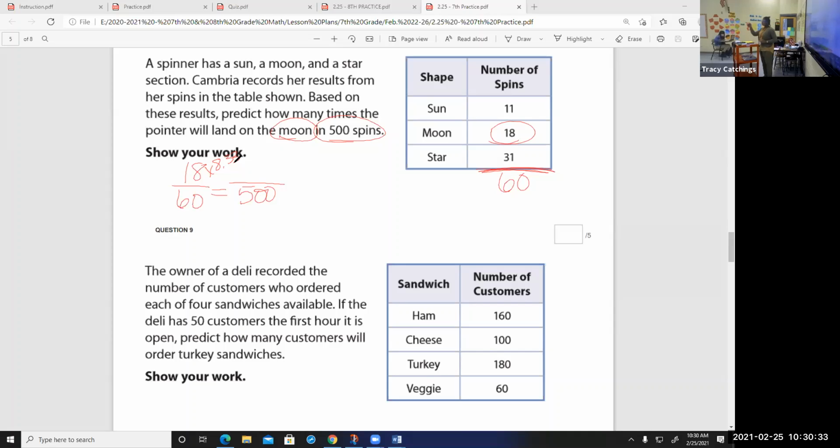I got two different answers, so somebody check. I divided and got 149.94, that may be what she had. So we can say that's about 150 spins. Good job.